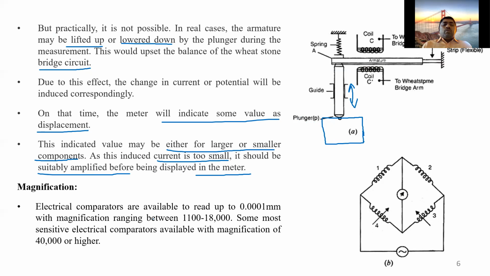In the electrical comparators, the magnification available allows reading up to 0.0001 mm, with the magnification ranging between 1100 to 18,000 times. Some of the most sensitive electrical comparators are available with a magnification of 40,000 times or even higher.